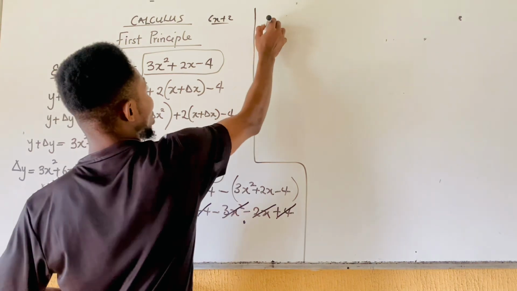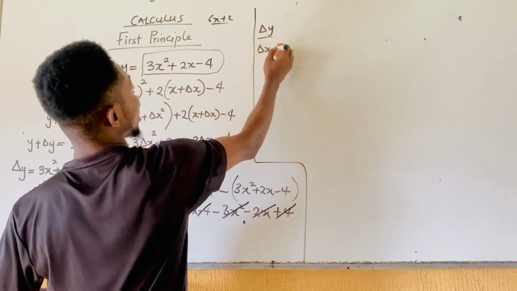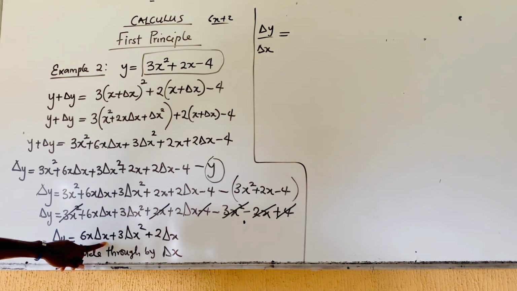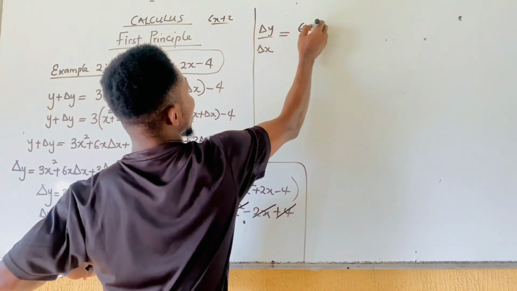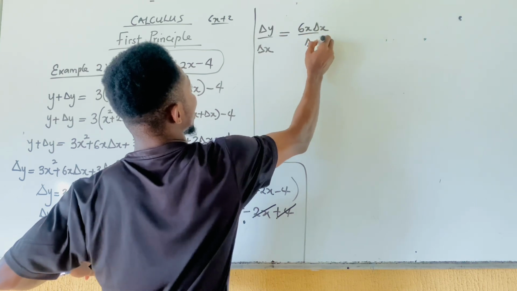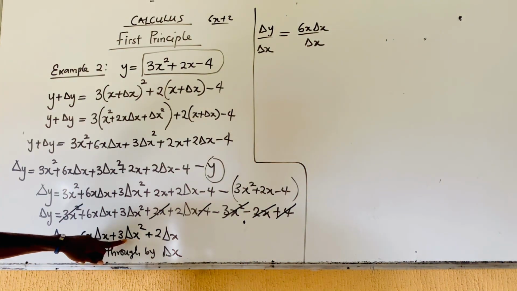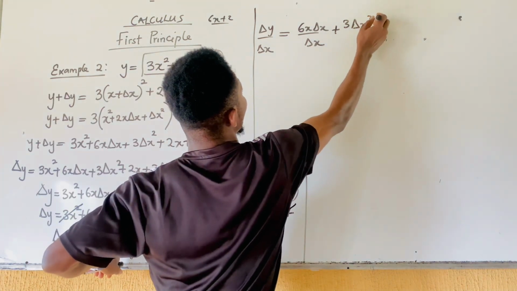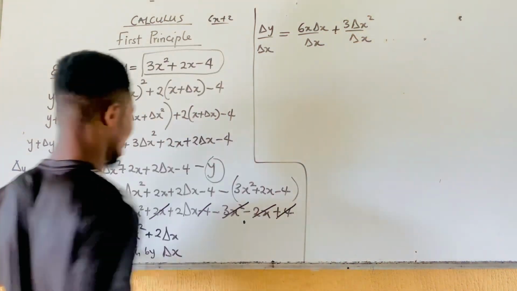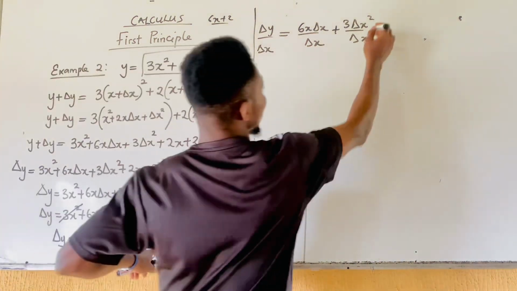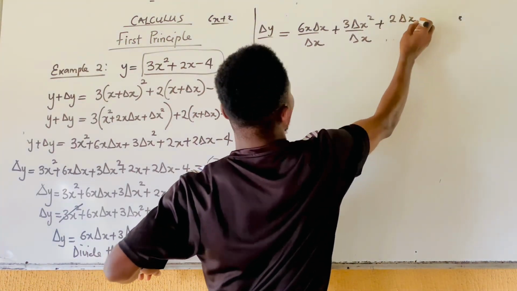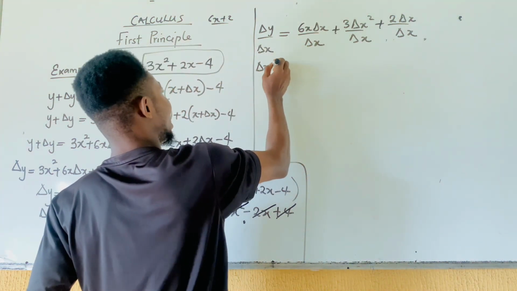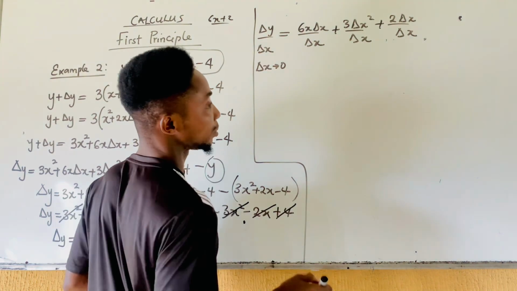Okay, so we have change in y divided by change in x equal to 6x change in x divided by change in x, plus 3 change in x all squared divided by change in x, plus 2 change in x divided by change in x, as change in x tends to 0.